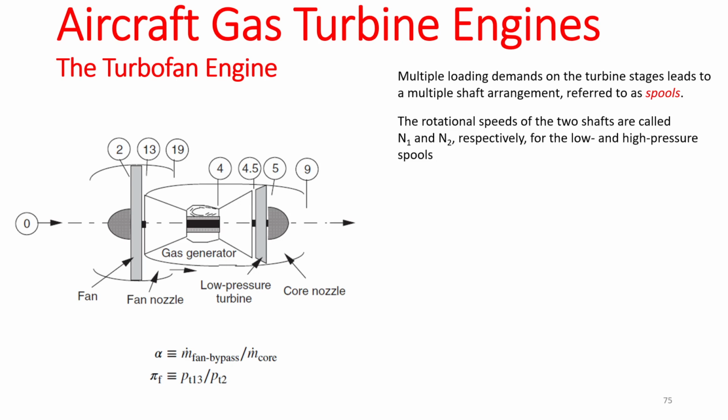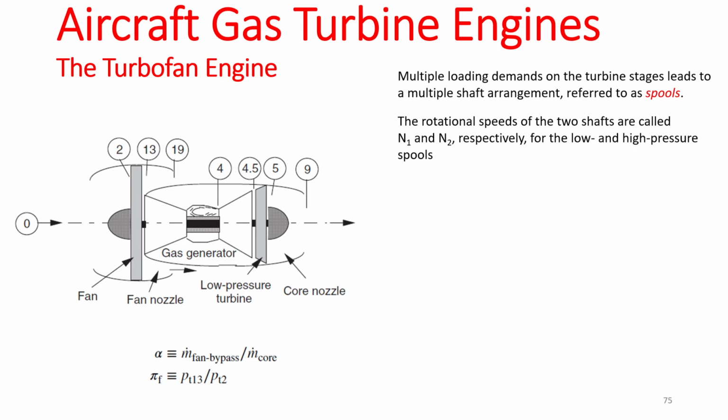And these two shafts are going to rotate beside each other. If you have a two-spool turbine, you're going to have two shafts that are rotating. One of them is inside of the other one. They are rotating at different speeds, N1 and N2, and they are going to serve two different purposes.